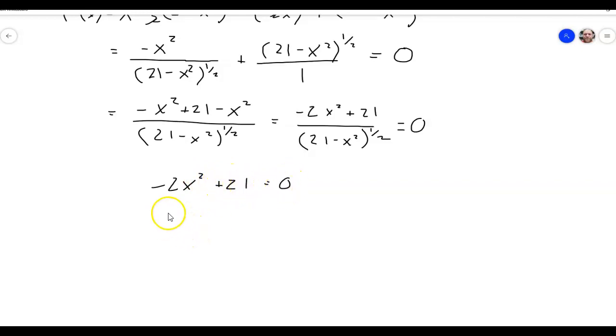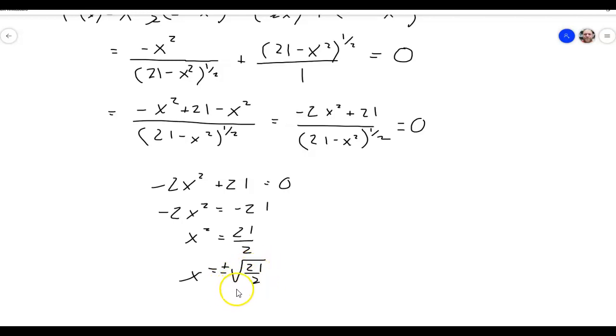So negative 2x squared plus 21 is equal to 0. Negative 2x squared is equal to negative 21. X squared is equal to 21 over 2. And finally, x is equal to positive and negative the square root of 21 over 2.